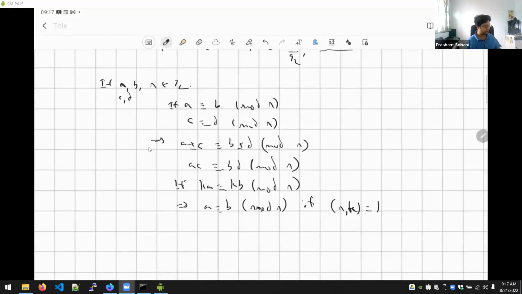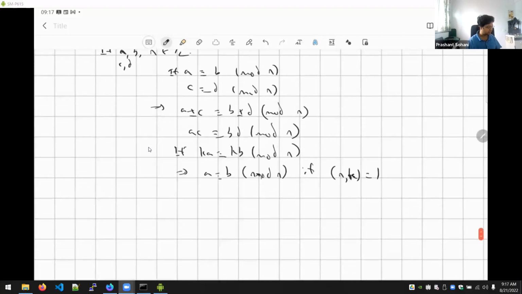In general, you can say that if KA is congruent to KB mod KN, so if the modulus is also a multiple of K, then this implies A is congruent to B mod N. Is that fair enough?